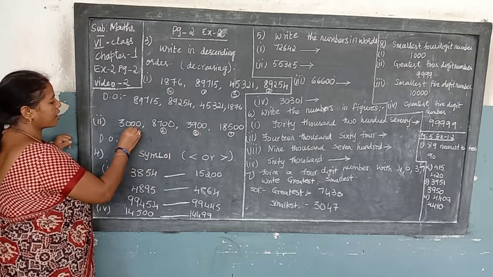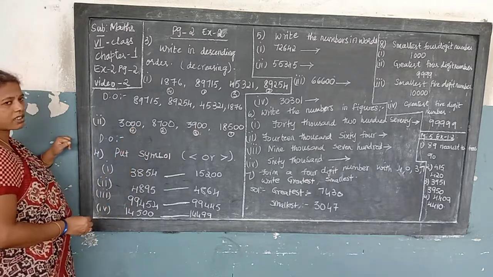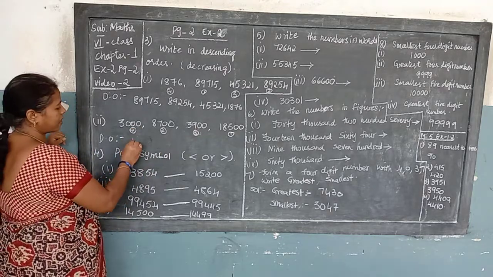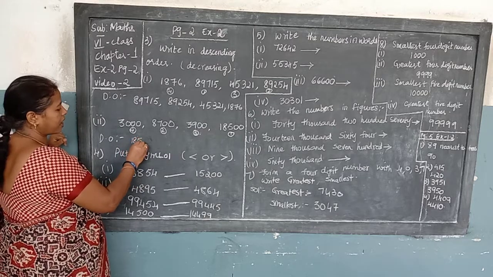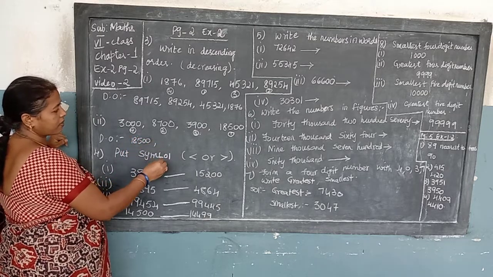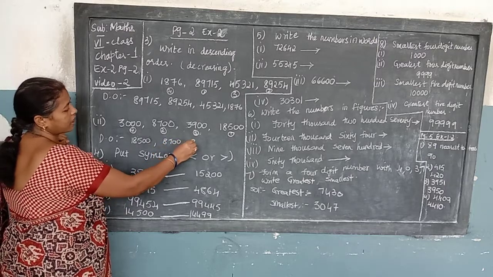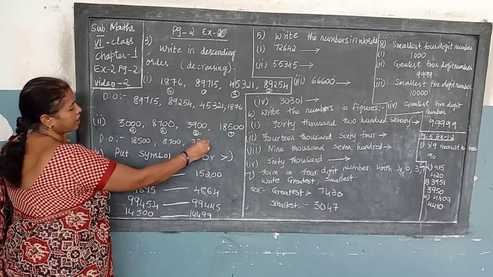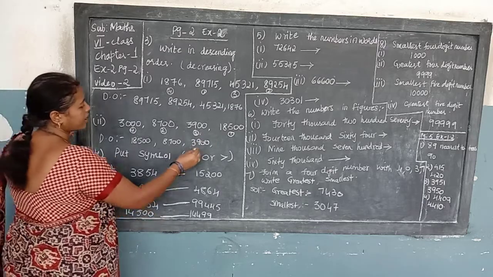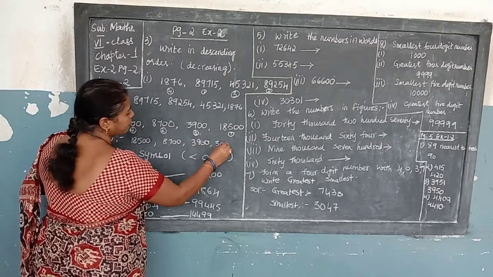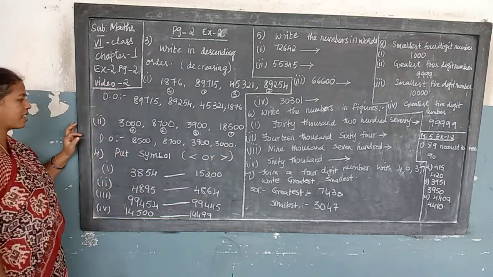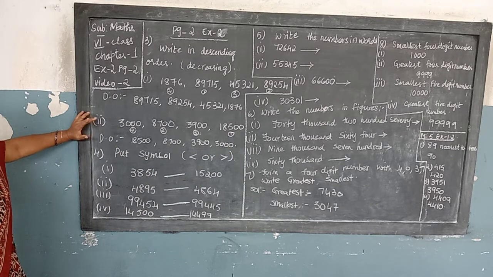Then 3,000 will come. This is the decreasing order. Now, first one 18,500, second one 8,500, third one 3,900, fourth one 3,000. Okay, children. So this is the decreasing order or descending order.